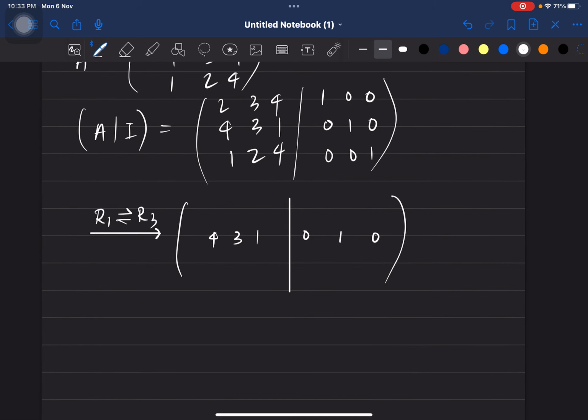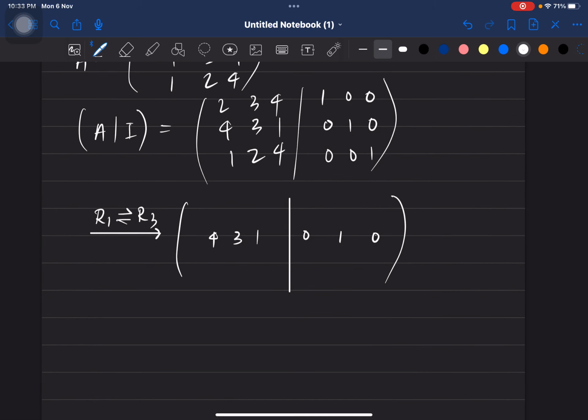X is row 1, so type 1 and 4, get 0. Second one 2 and 3, get 5. 4 and 1, 15. 0 0 0 1, -1, 1 and 0, 4.